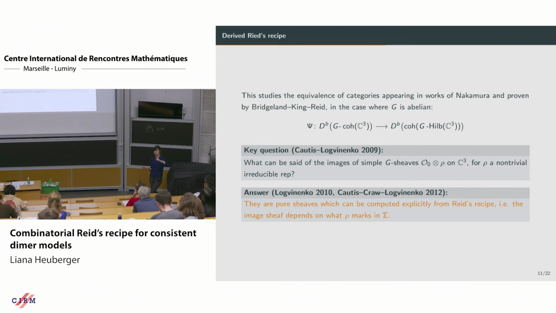And then furthermore, they prove that the sheaf is supported somewhere on Y, exactly on what the irreducible representation marks. But this is really quite strong. For us it will be enough that the support is that, but they explicitly compute what the image sheaves are.